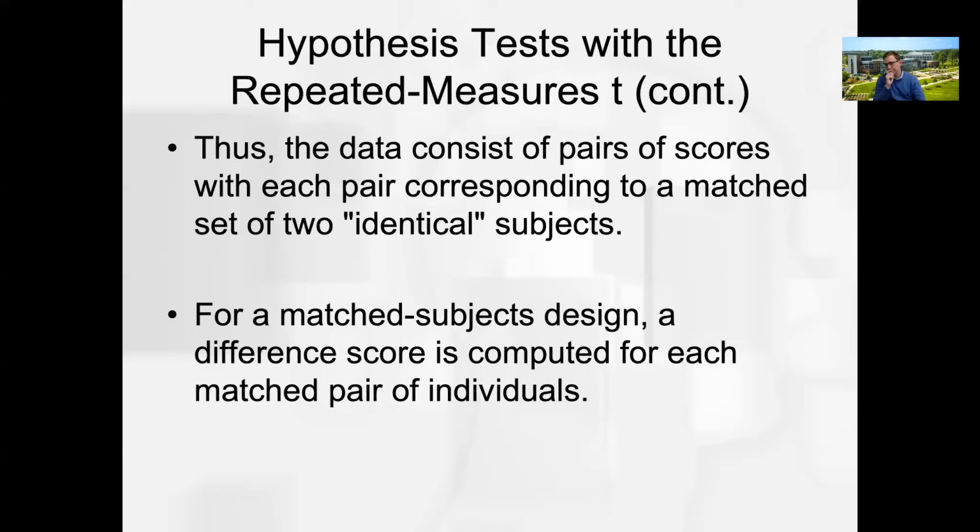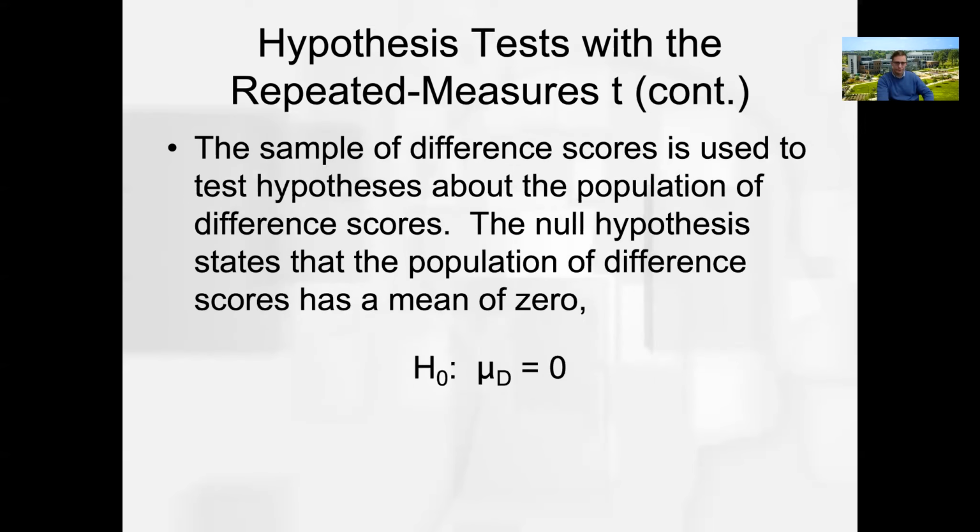So you want to, again, get people that are as close to each other's scores as possible at the start during that selection, so I can reduce any of those individual differences effects, and I get a D score that will likely be representative of the actual difference associated with the treatment. And so the sample of difference scores is used to test the hypotheses about the population of difference scores.